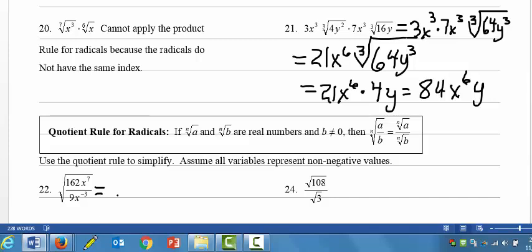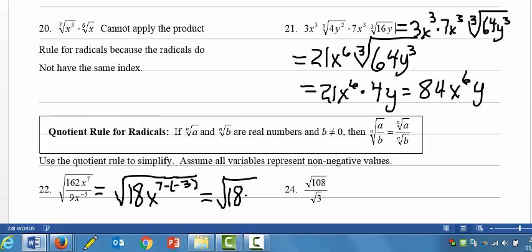So here it works to divide first. 162 divided by 9 is 18. X to the 7th divided by x to the negative 3rd, using the quotient rule for exponents, is x to the 7 minus negative 3. So this is the square root of 18x to the 10th.